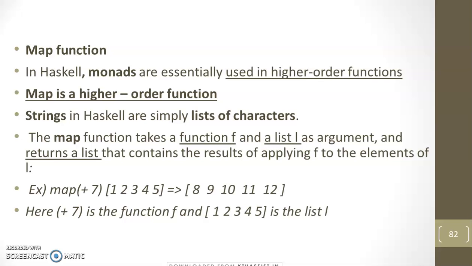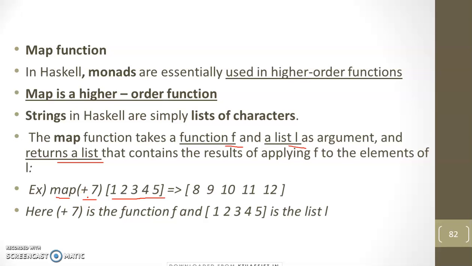The map function takes a function f and a list L as arguments, and returns a list that contains the result of applying f to the elements of L. For example, here map takes a function and a list of arguments.